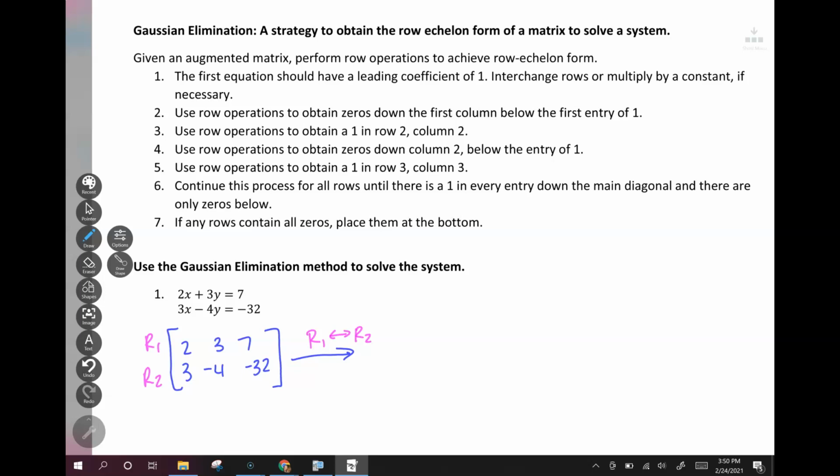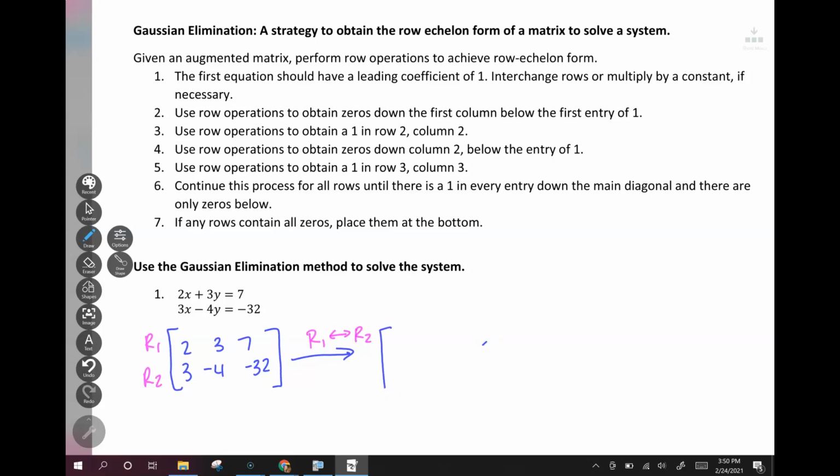And then I can subtract this row with the 2 from the row with the 3, and that will give me 1. I know it doesn't say that here as an option, but you can do any of those row operations to obtain a 1 in that first spot. Okay, so I'm just going to switch those around.